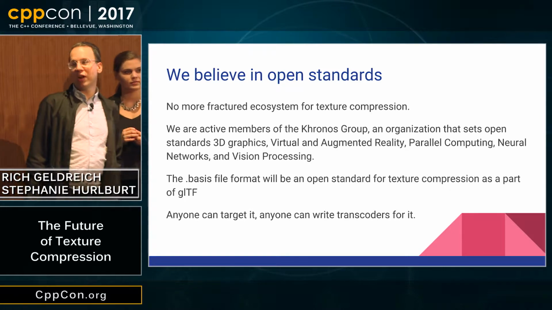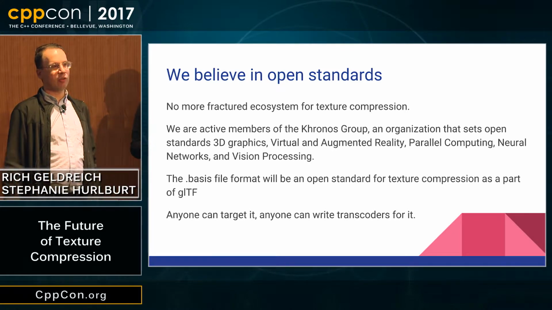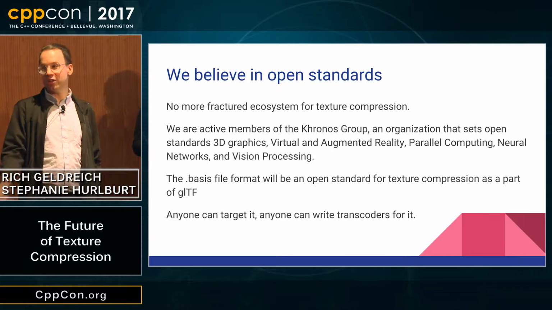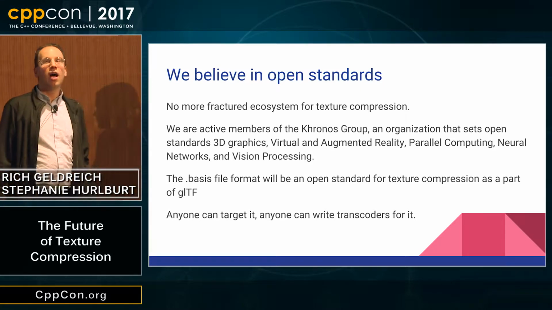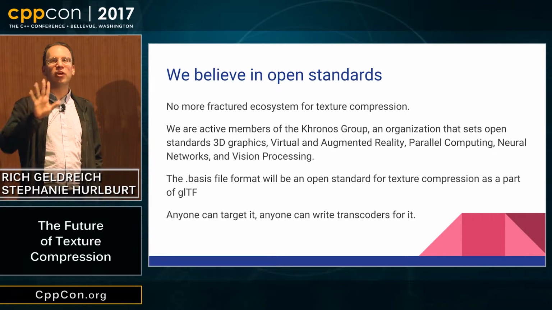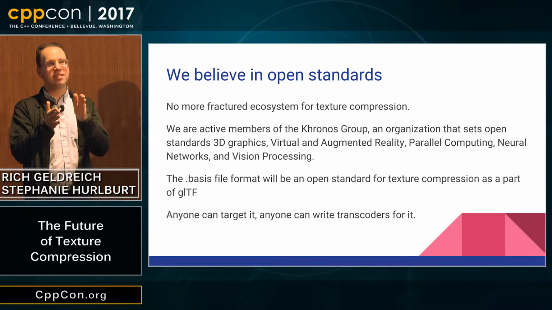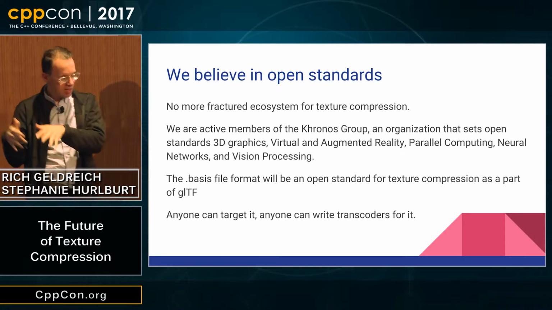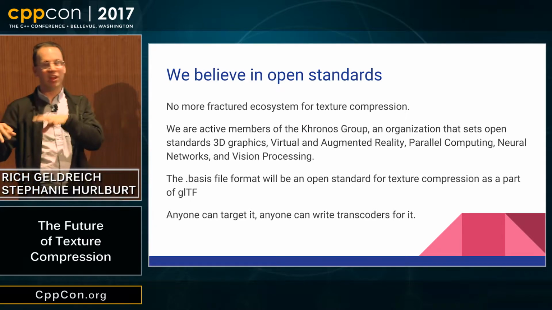So the problem you have right now as a graphics engineer shipping a product on multiple platforms, if you're making your own engine, or even if you're dealing with an existing engine, is there's this huge fractured ecosystem. It's really bad because if you encode your texture to ETC, you'll get different artifacts than if you encode to DXT or ASTC or BC7.